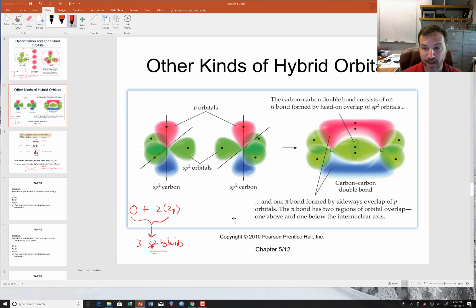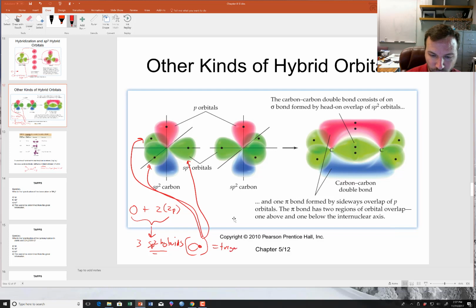So now the shapes of these hybrids are similar, so the hybrids still look like a large unshaded phase with a smaller region, and now we place these around the carbon in a trigonal planar fashion. So now we have 3 of these hybrids, so the shapes look similar, but there are only 3 of them.